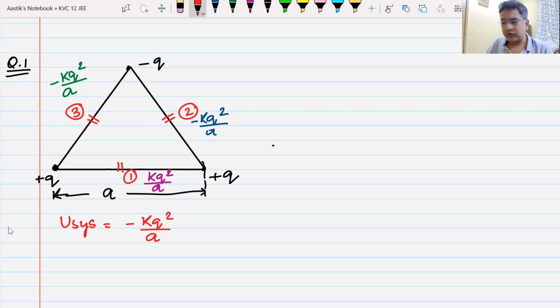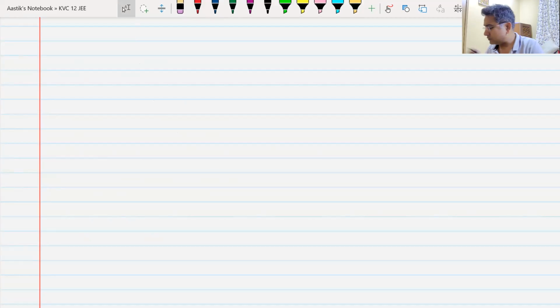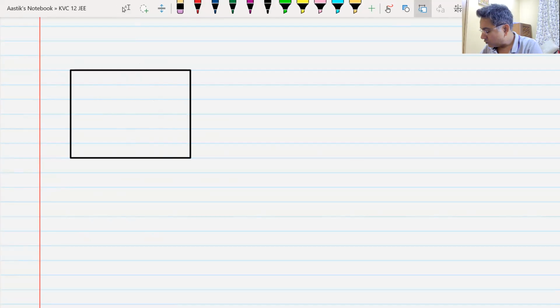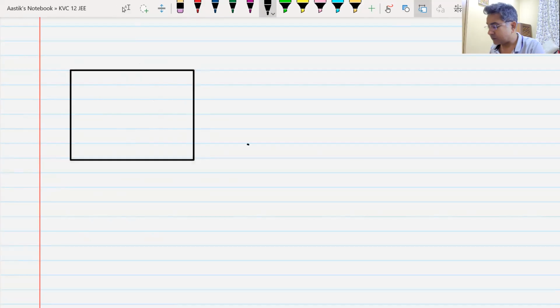Let us do one more simple problem, then we will try to get into somewhat more complications. Now I have a square. Let me make it symmetric.